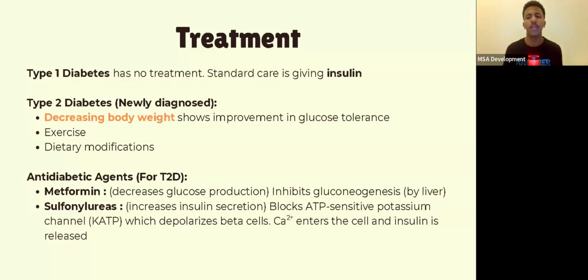When they're depolarized, you guys should know this by now, calcium moves in, and causes the vesicles to fuse with the plasma membrane and release the insulin. Okay? So quick recap: sulfonylureas increase insulin secretion, and they do that by blocking KATP, which depolarizes the beta cells and releases insulin into the blood.